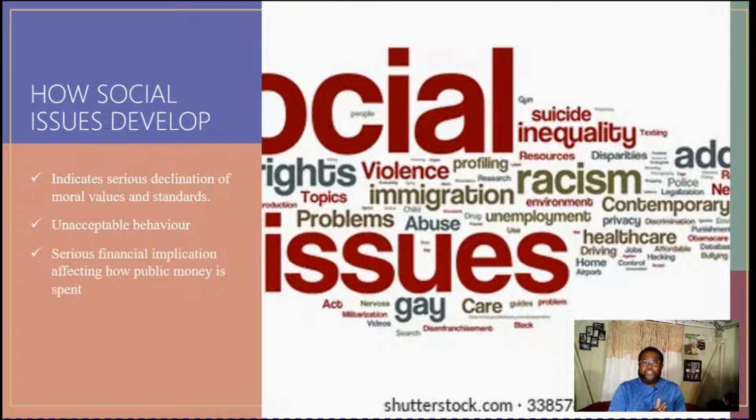Implication affecting how public money is spent. In other words, certain problems become almost like a pandemic.